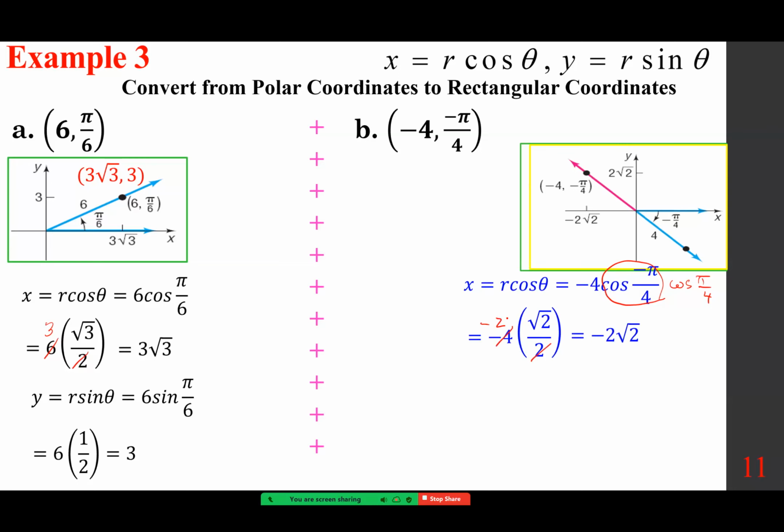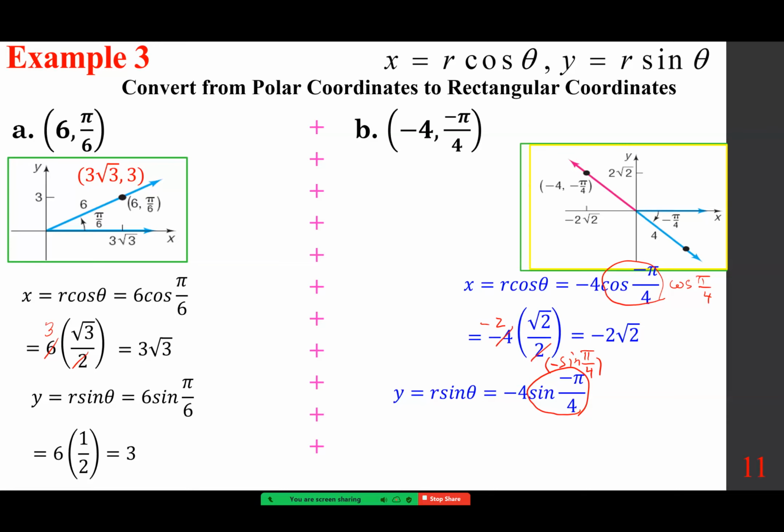As far as the y is concerned, y is r sine theta. Now, this is negative sine of pi over 4. Why is that? Because sine is odd.